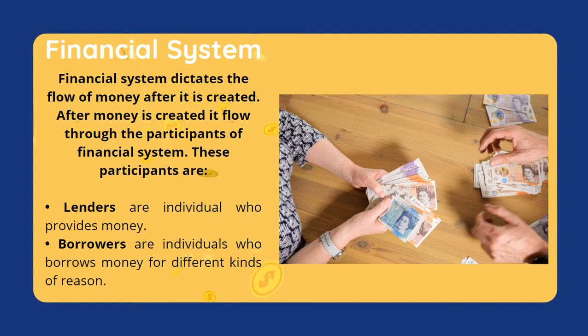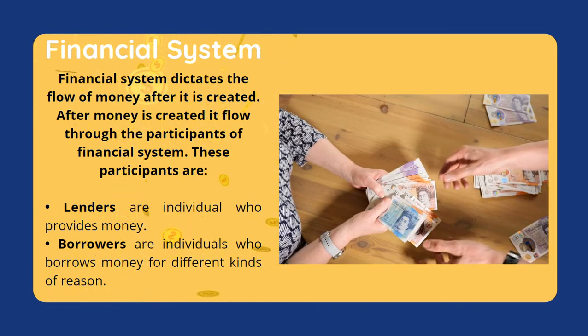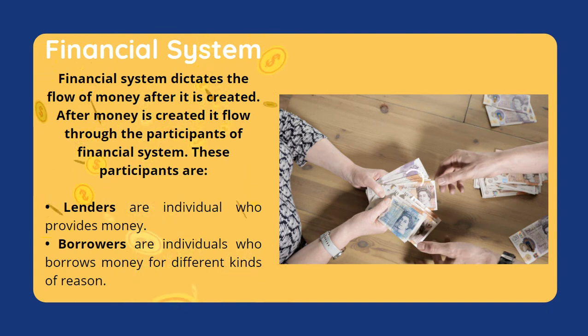Lenders are the individuals who provide money or lend money. While these borrowers are the individuals who borrow money for different kinds of reasons. So, they are the ones who borrow money from lenders.